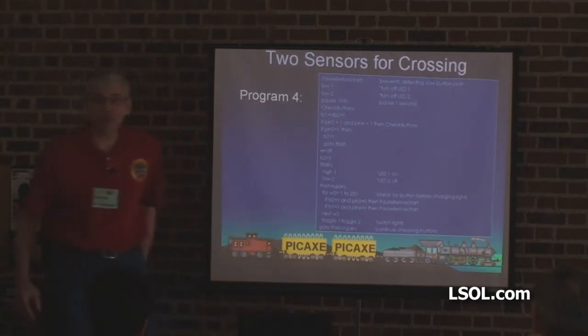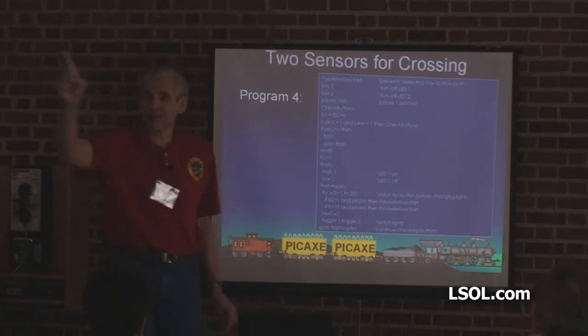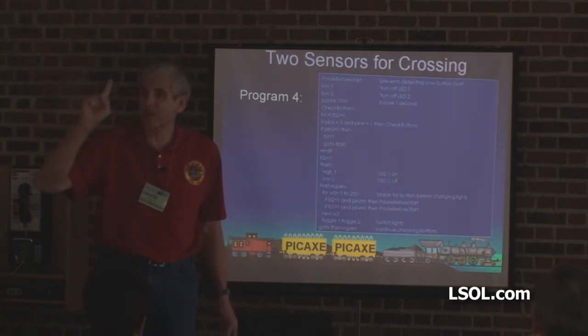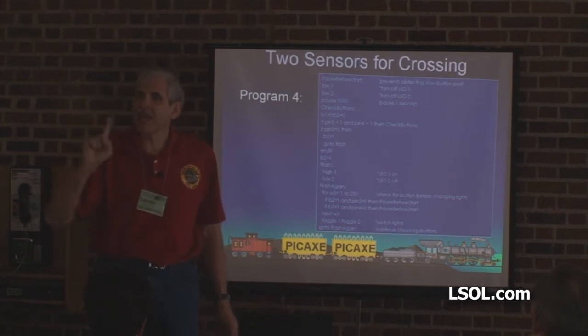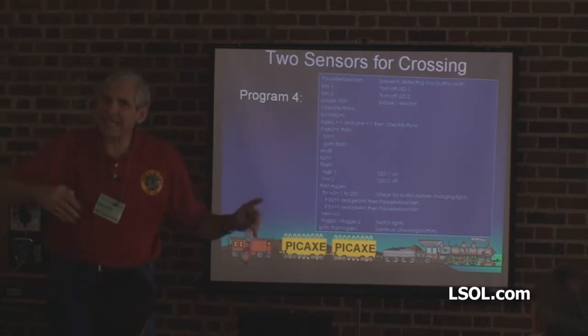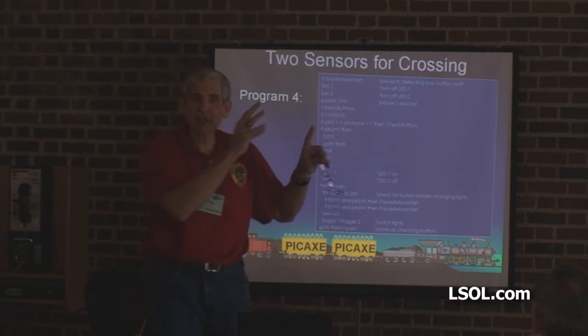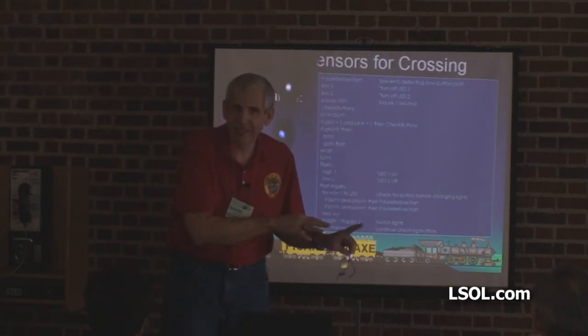I have to admit the software gets a little tougher. Let me explain why. You want to write it so it doesn't matter which way the train's going, right? And if the train's going this way, you have to remember that it hits switch 1. And then when you continue to look, you have to look at the second switch and only pay attention to it if switch 1 was hit. But if switch 1 wasn't hit and switch 1 gets hit again, you ignore it.